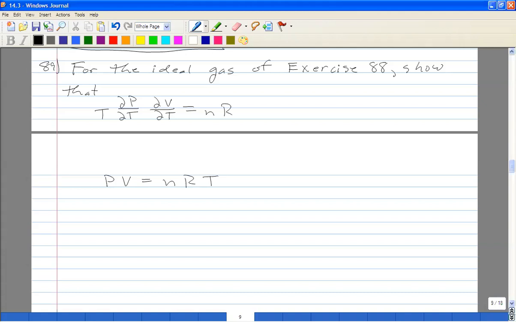And so I have that, let's take the partial of this with respect to T. And so I have that P. So in this case, let's suppose here that P is only varying with respect to T. And so if I do that, then I have P, let's just use a subscript for a second, partial with respect to T is equal to nR.